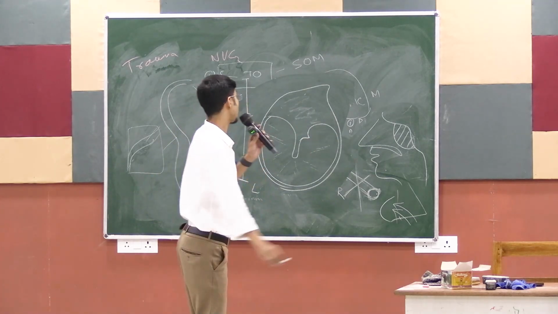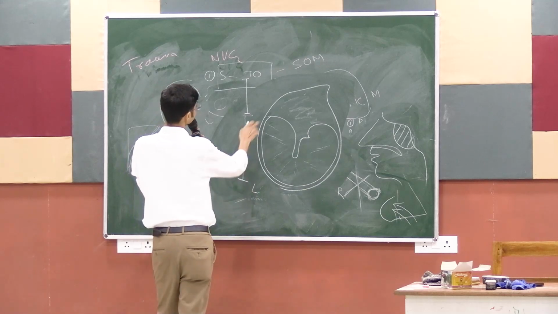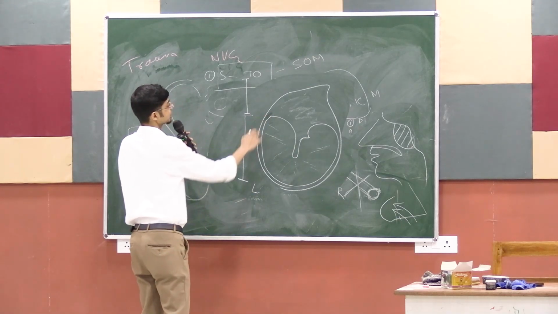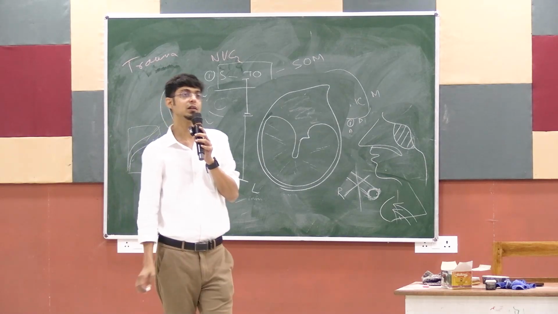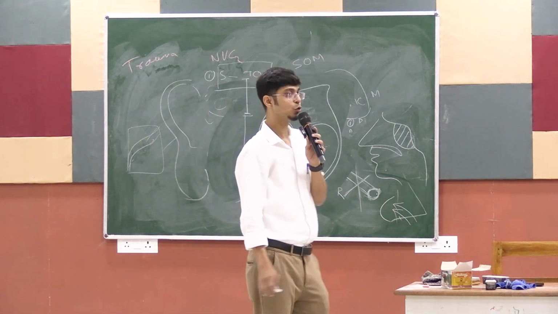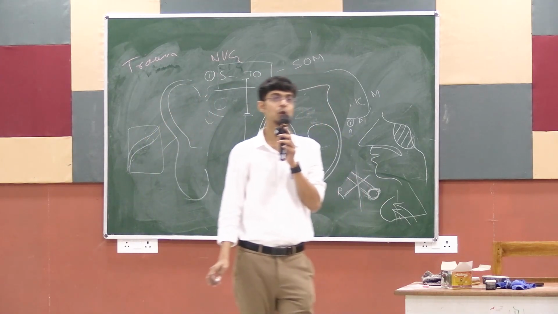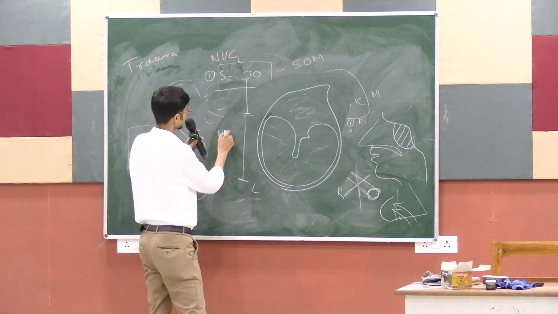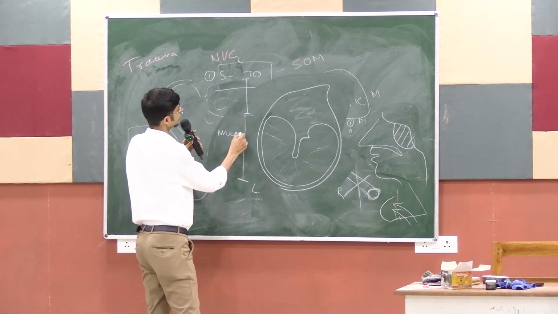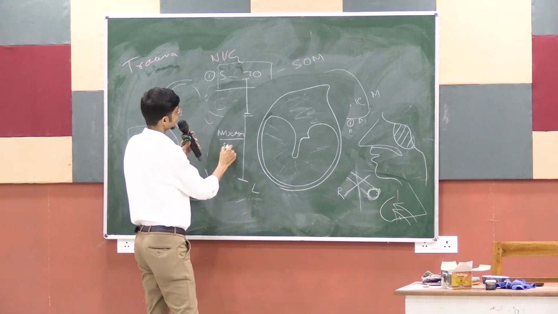Okay. So based on where the disease is affecting the ear, we divide chronic otitis media into two main varieties. One is the mucosal type or the safe type of chronic otitis media.